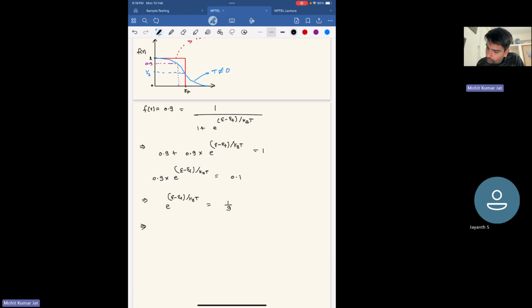And taking ln on both sides, if I take the ln of e, it will be (E minus Ef) by kBT equals ln of 1 by 9.